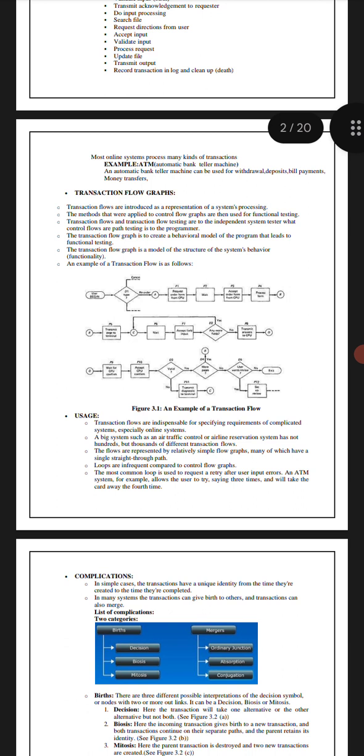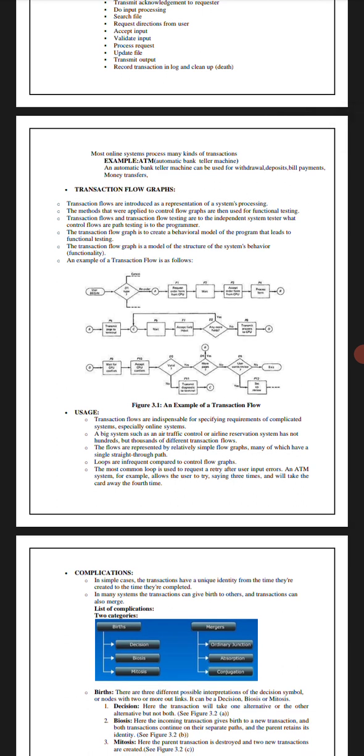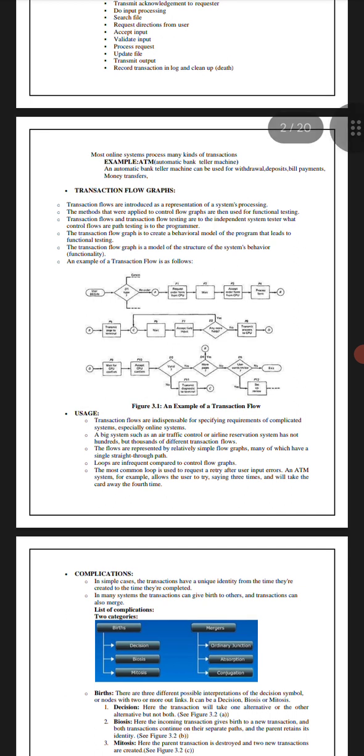The transaction flow graph creates a behavioral model of the program that leads to functional testing. The transaction flow graph is a model of the structure of the system's behavior and functionality.